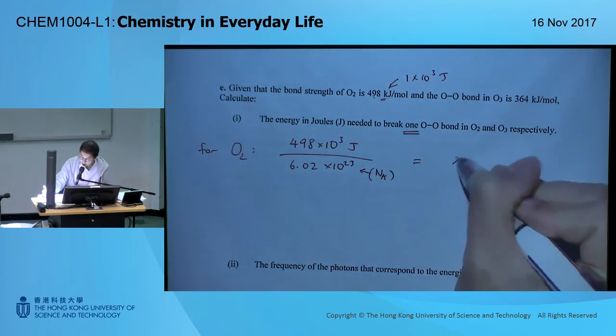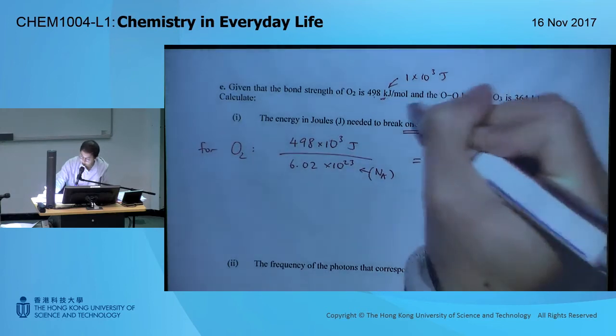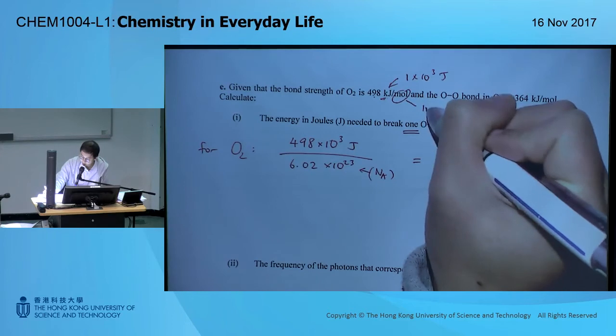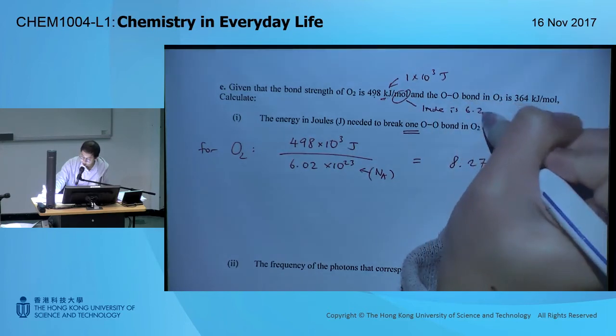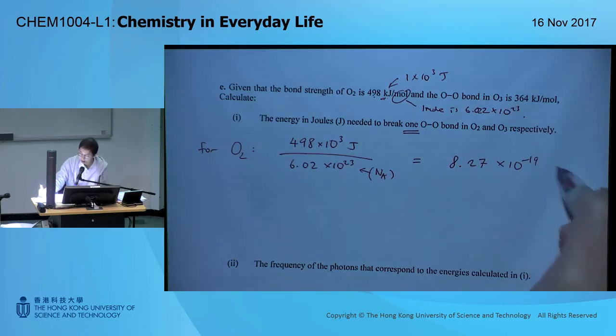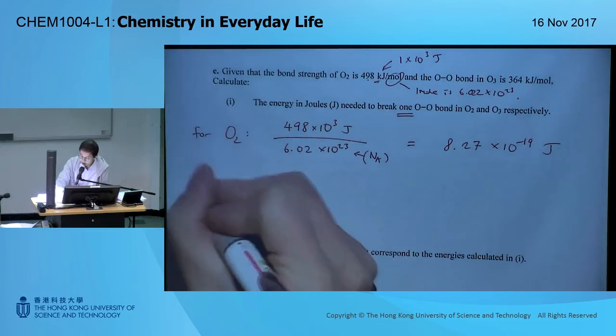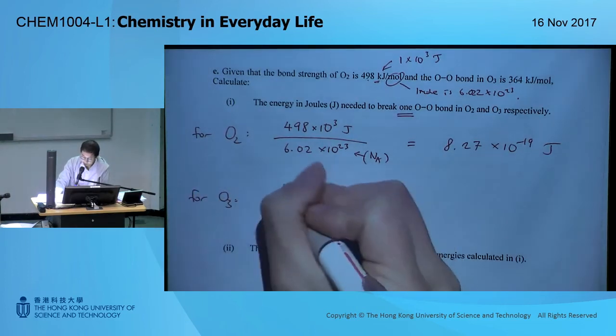So we'll get 8.27 times 10 to the minus 19 joules. Then do the same for the O3.